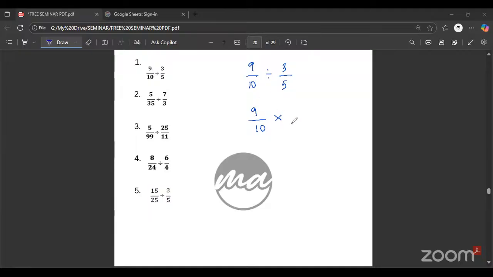Now you have to reciprocate. 5 over 3. Flip the... Miss, is it 5 over 3? Yes, it's 5 over 3. Now you can multiply. It will be 45 over 30, which you can simplify further as 9 over 6, which will become 3 over 2, 1 and 1 over 2.